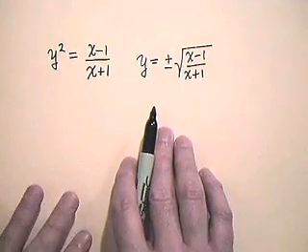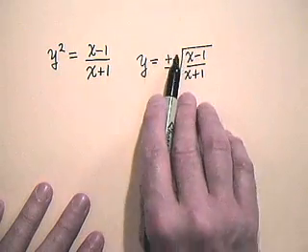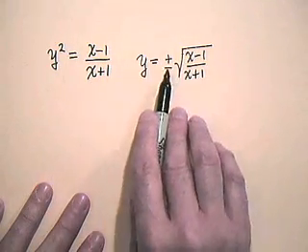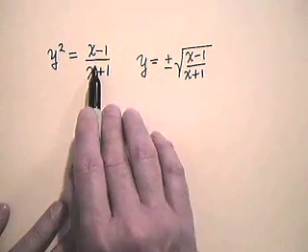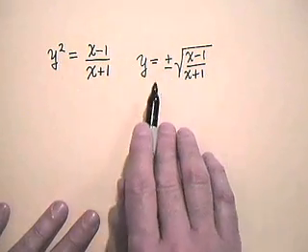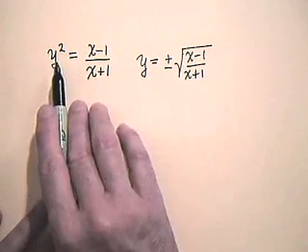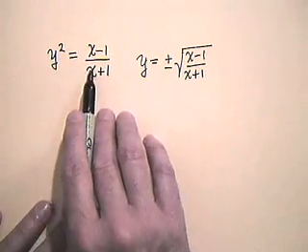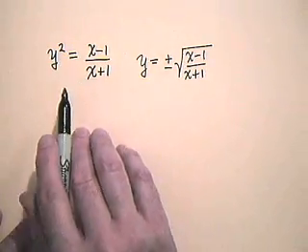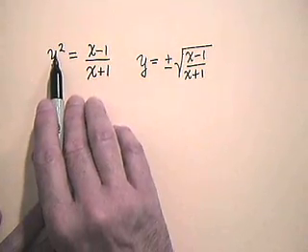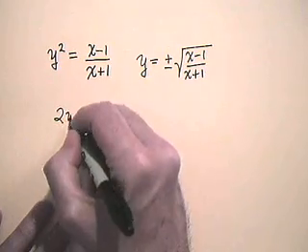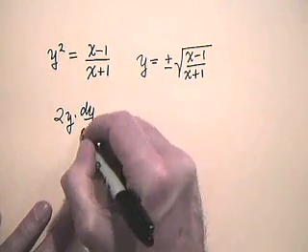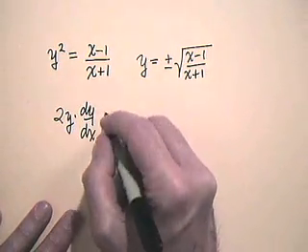And so consequently, I've got two ways to define y as a function of x, and any point on this curve is on the graph of one of these two functions. But let's go directly to implicit differentiation and calculate the implicit derivative. The derivative of y squared with respect to x is simply 2y times dy/dx.